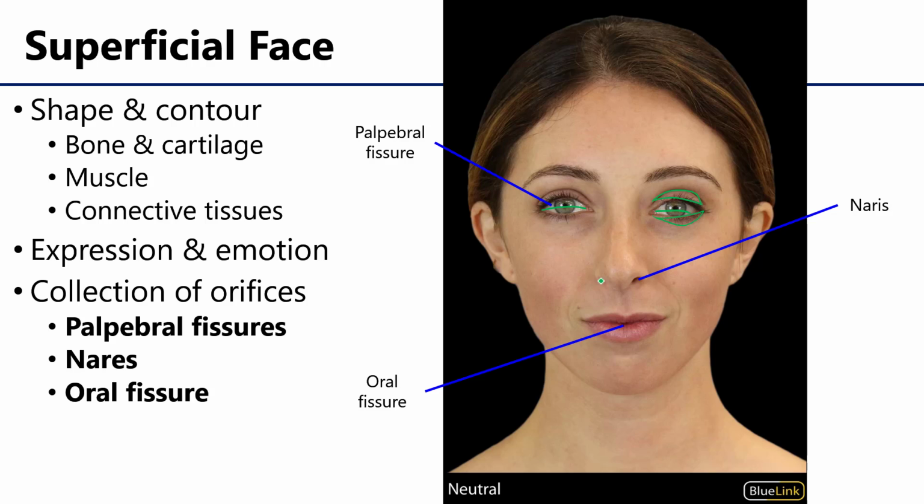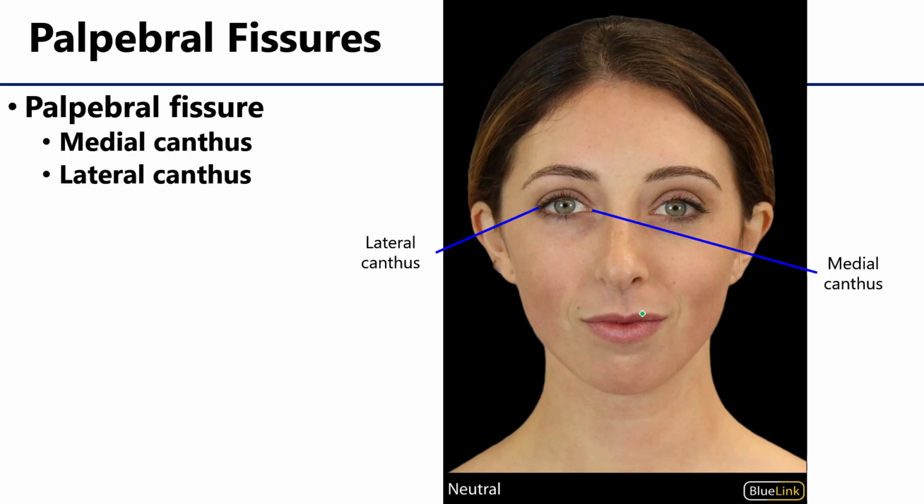Then there are the nares, or the nostrils, and then the oral fissure. And much of the actions of the face will pertain to movement about these fissures to make them more or less patent and to change their shape so as to convey expression, emotion, other non-verbal forms of communication.